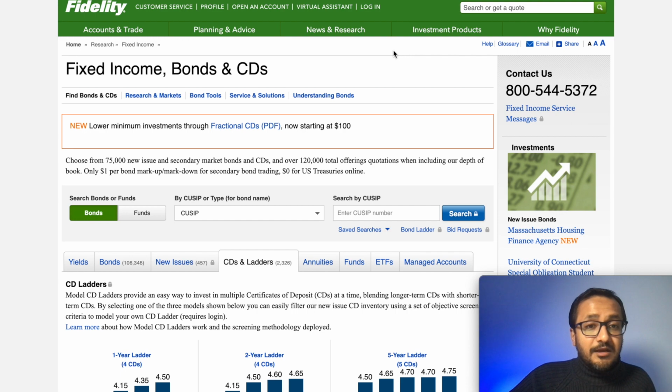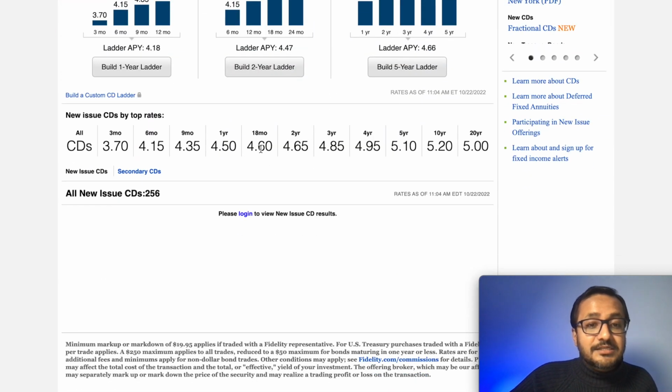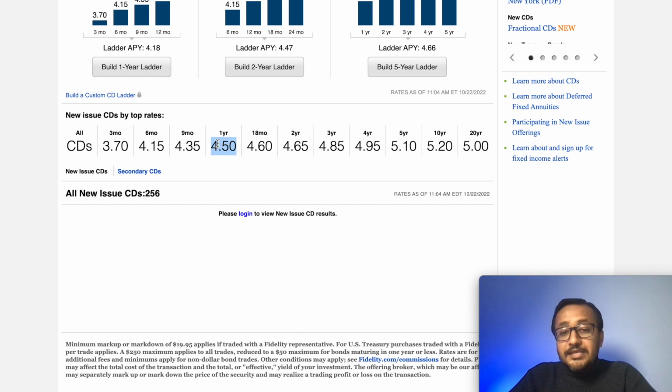Now, with fixed income and brokered CDs, you can get a pretty high, pretty lucrative interest rate. As you can see, for CD 3 months 3.70, 6 months 4.15, 4.35 for 9 months, as you can see on Fidelity at the moment, and this is subject to change, so you might want to verify before you purchase, and you want to shop around where you can get the best interest rate.